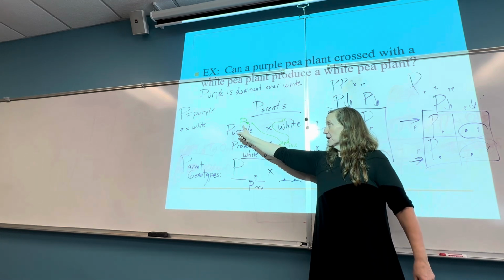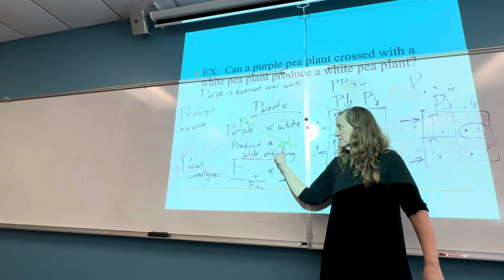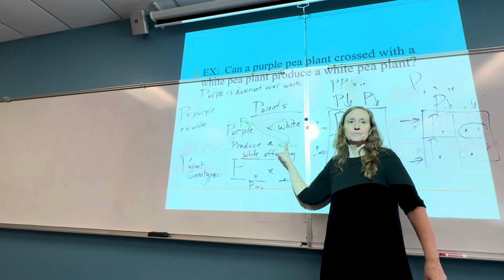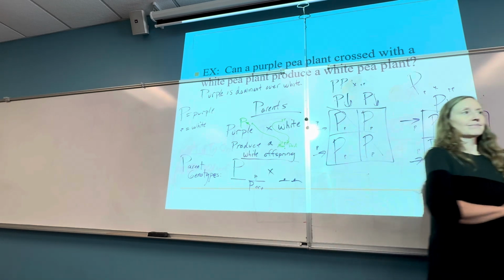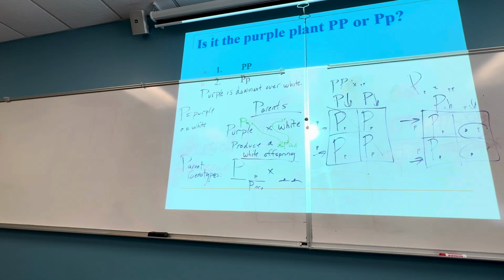So this purple parent has to be carrying a little p in order to make the white offspring. And the other parent can only give little p's. Okay, so the question's answer is number 2, right? Big P, little p.